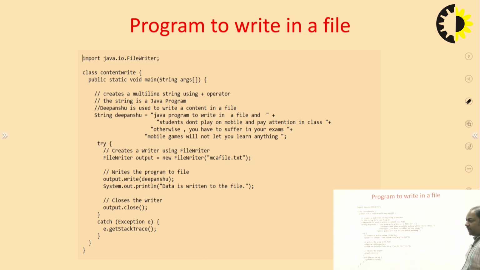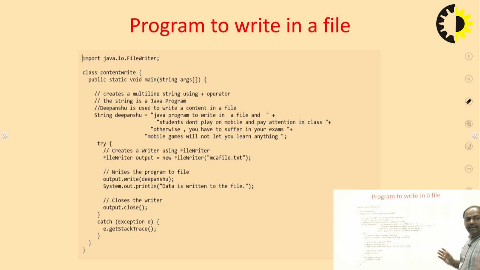When text is written in that file, it will show an output using System.out. If the data is written to the file without any error in the program, it will say data is written to the file. We close the writer class and later we close this program.